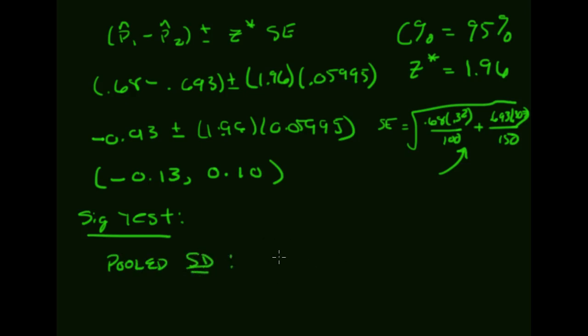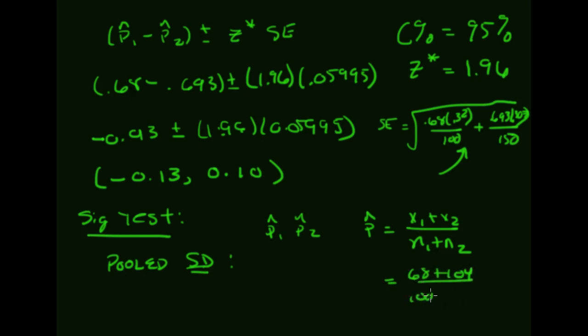And what you're going to have to deal with is, instead of the two p hats, the p hat 1 and the p hat 2, you're going to create a pooled p hat, which is essentially x1 plus x2 over n1 plus n2. So this is like as though you had made it a single population. So in our case here, this is 68 plus 104 over 100 plus 150, which is going to work out to be 0.688.